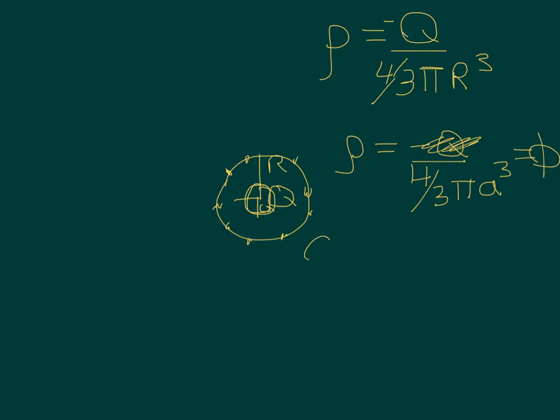Now, I can also, as we've seen in other videos, look at the surface charge density using the surface area equation for a sphere. So the surface area of a sphere is 4 pi r squared.